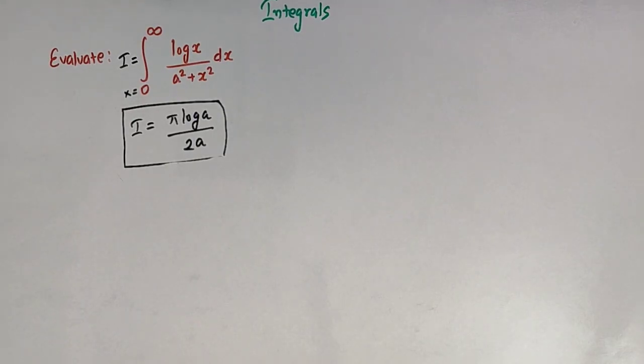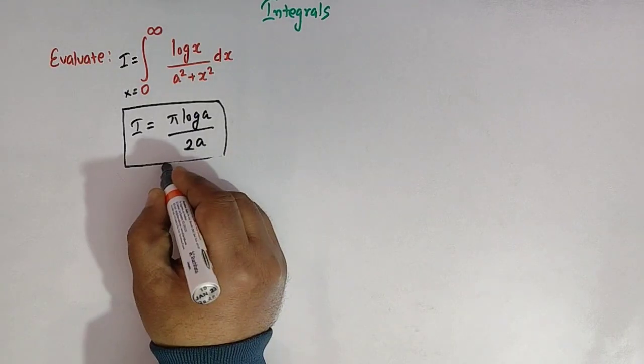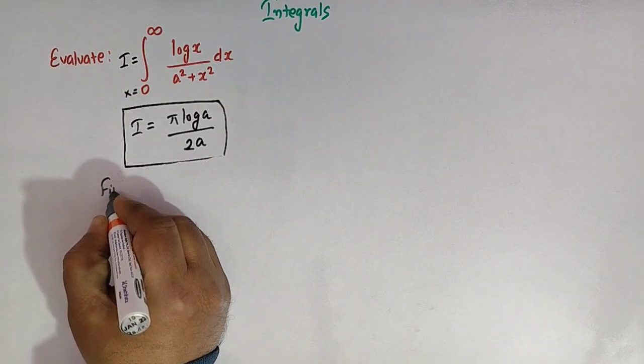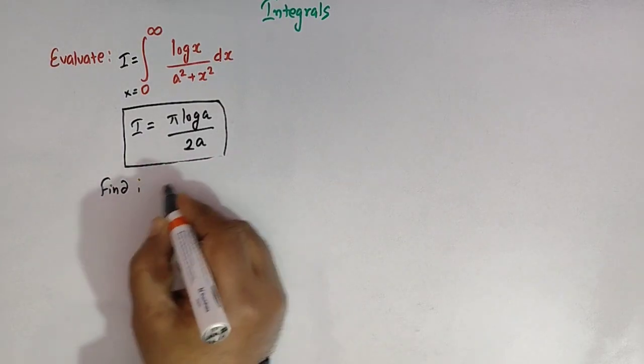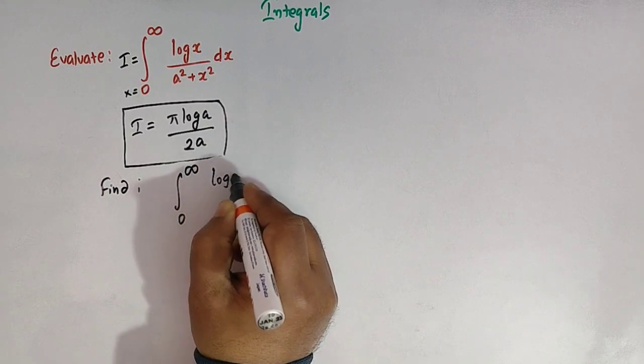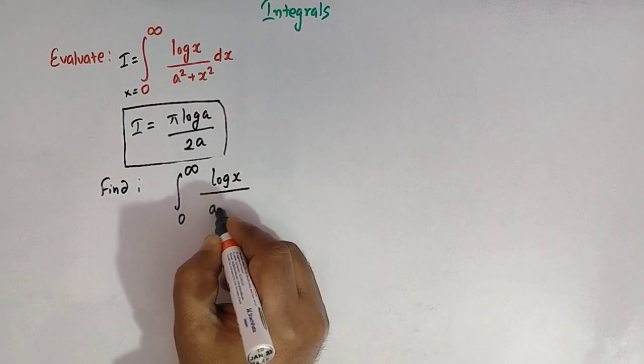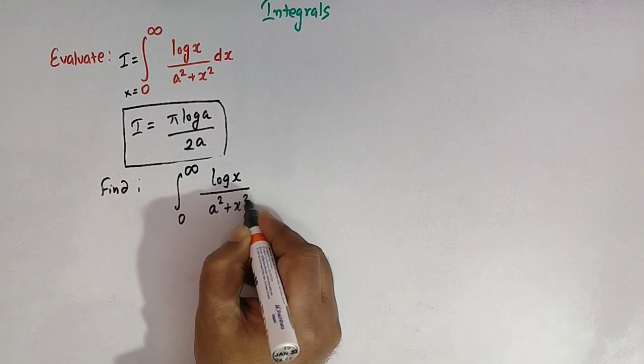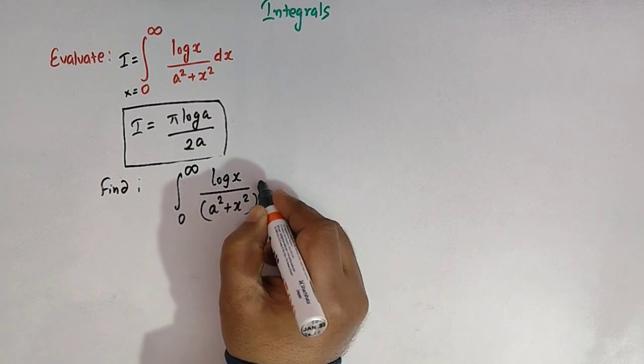Now let us consider one important application of this integral in deriving another integral, right? Suppose we have to find the value of the integral from 0 to infinity of log of x divided by a square plus x square whole square, right?